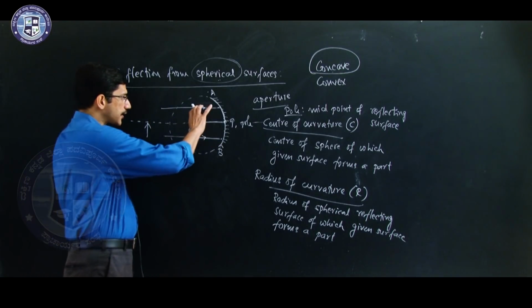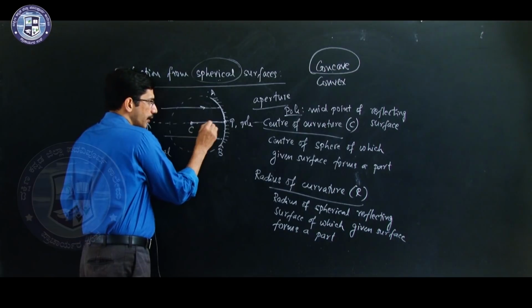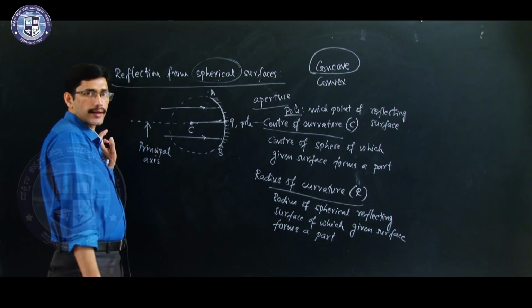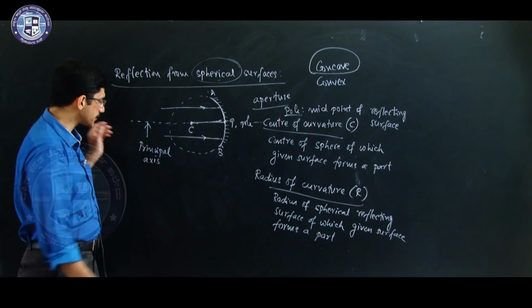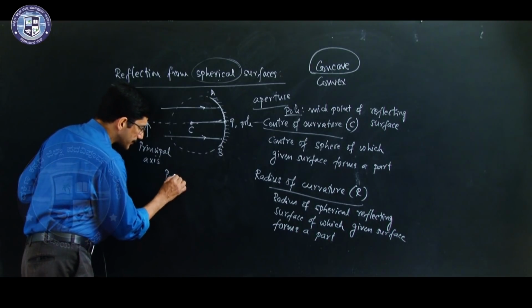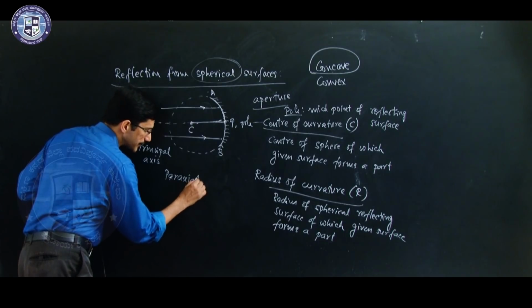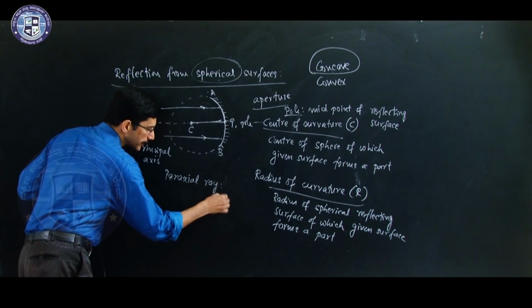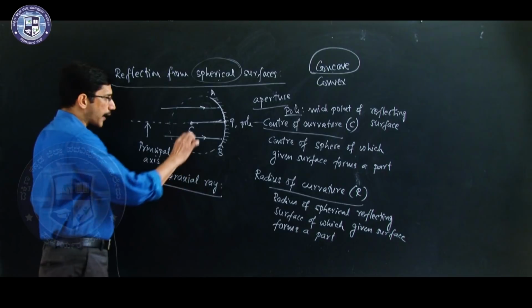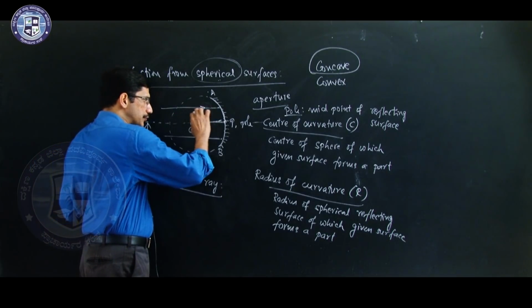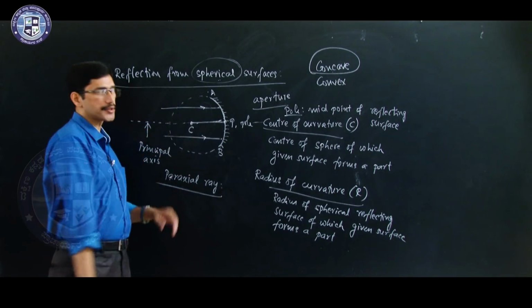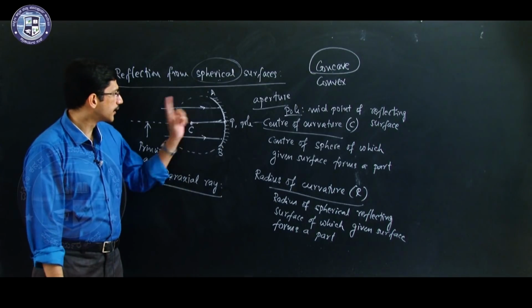If these rays lie very close to the principal axis and are parallel to it, such a ray is called the paraxial ray. The ray which is parallel to the principal axis and lies close to it is called the paraxial ray.